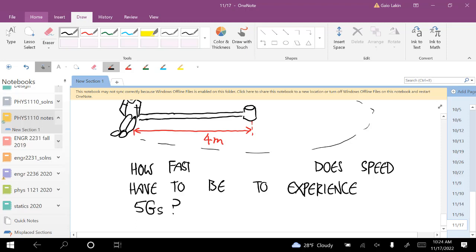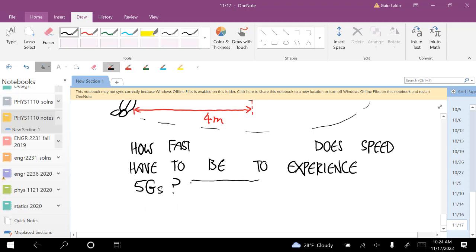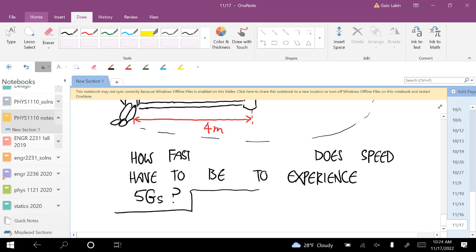Okay. So say that's this training contraption, and that's what you want to get them up to. So how fast do you have to make this thing go?